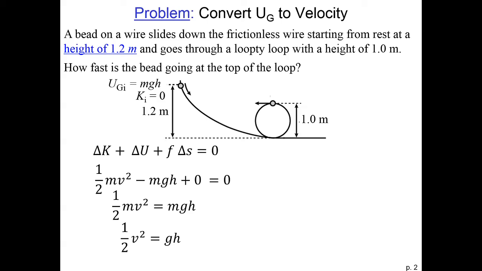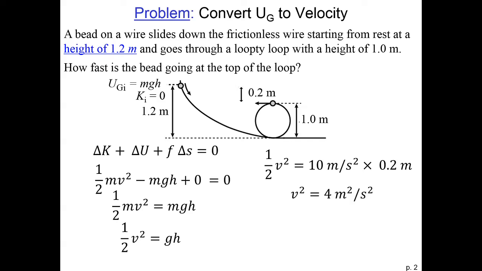So now we plug in our numbers, where the distance that the bead falls is 0.2 meters, since it starts at 1.2 meters, and then it's at 1 meter at the top of the loop. So we do some arithmetic, and we find that the velocity of the bead at the top of the loop is equal to 2 meters per second.